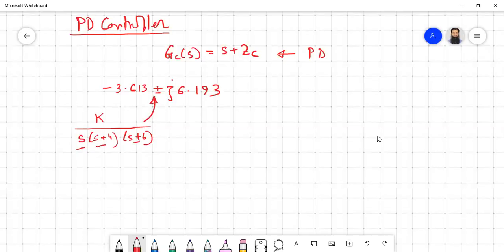Since all of them are pole angles, all of them will be negative. So tan inverse height by base. The height is always the same, 6.193, divided by the base. For this one, the base will be 3.613.